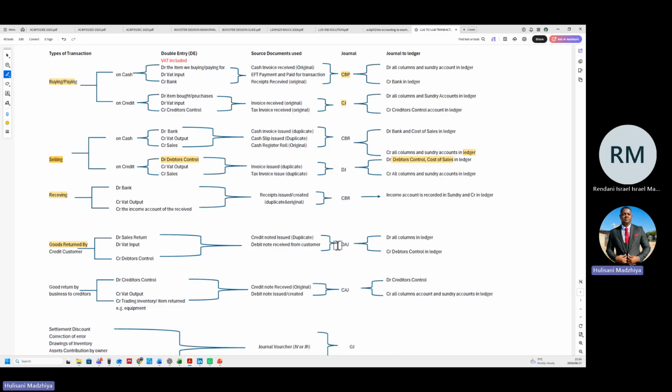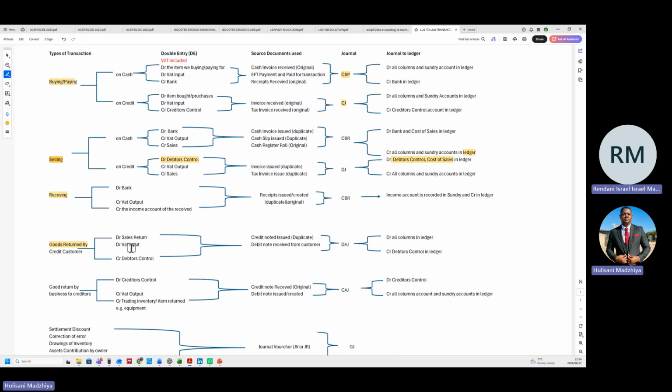This will then be recorded in what we call the debtors allowance journal. Every time the customer returns goods, you record it in the debtors control, debtors allowance journal. The accounts affected are sales returns, which indicates the value of goods returned excluding VAT. Another account will be VAT input.